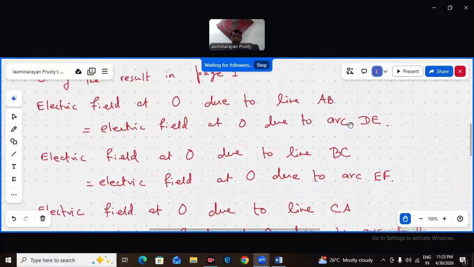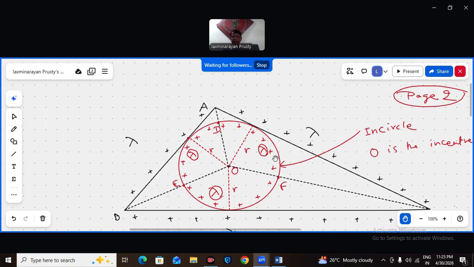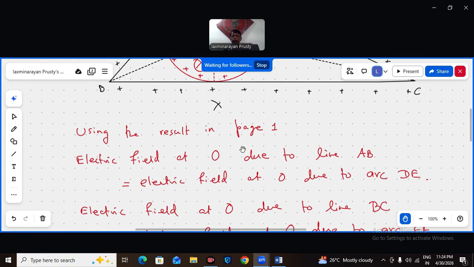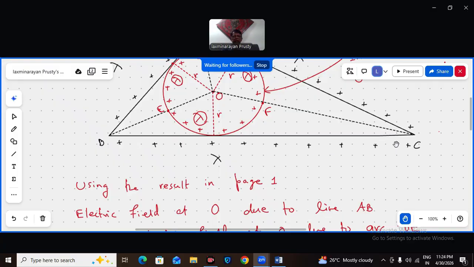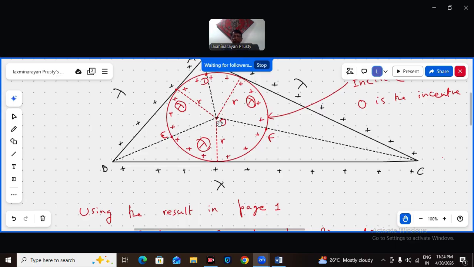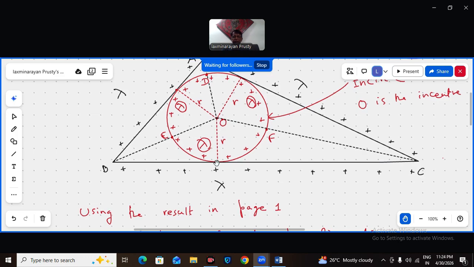I think all of you understood this. This is just an application of what I discussed in page 1. If this is a straight line conductor having uniform linear charge density, then the field here will be the same as if I construct an arc of radius equal to the height, intercepted by the OB and OC lines.